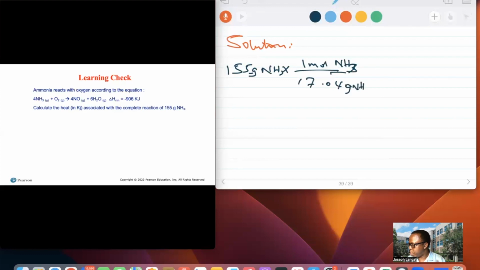It's just to find the number of moles in 155 grams of ammonia, times, now from the thermochemical equation, for every 4 moles of NH3, -906 kilojoules is given off. I cancel the moles and moles.